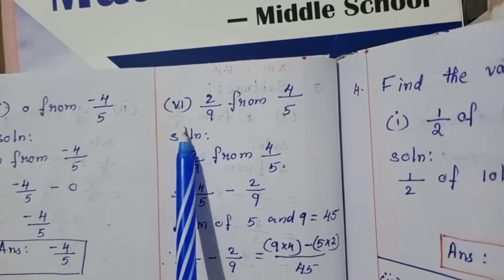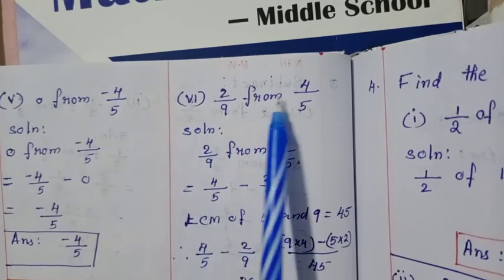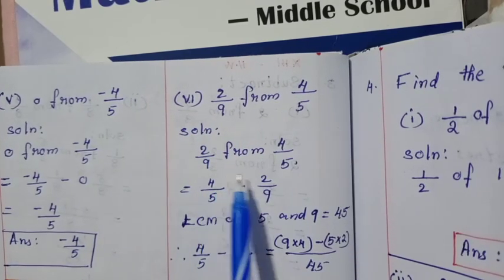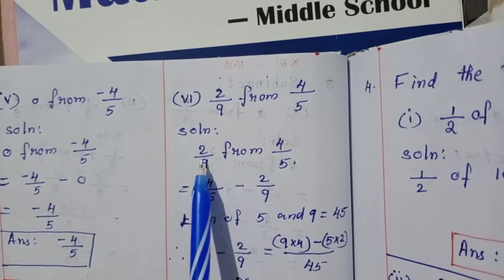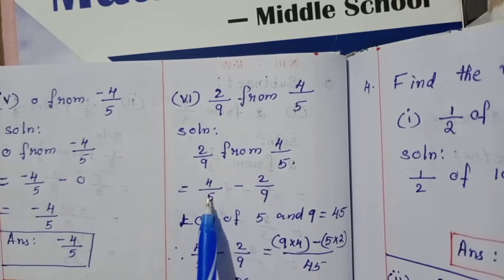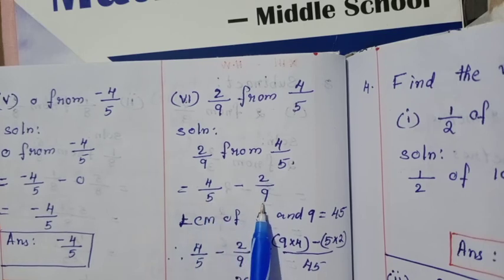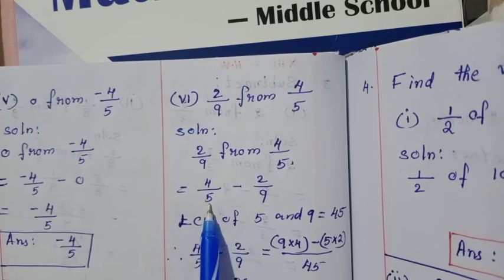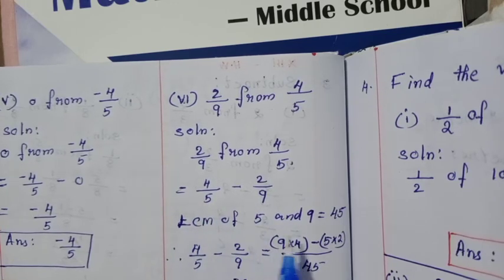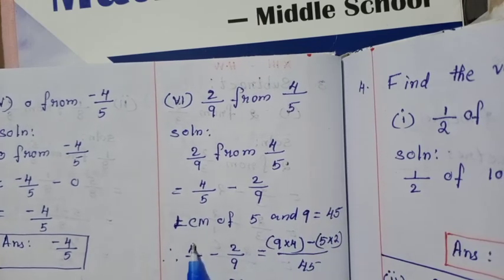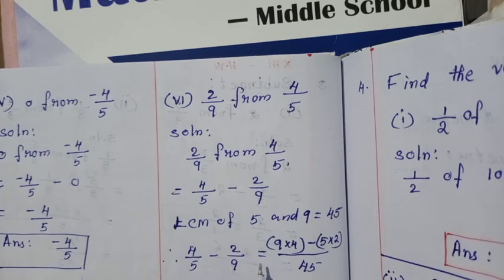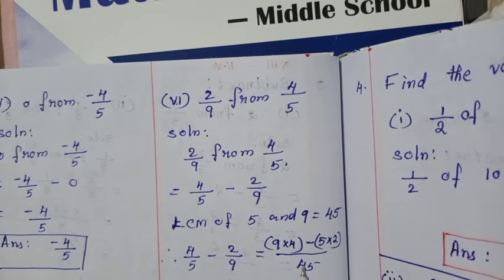Next, number 6. 2 by 9 from 4 by 5. So 4 by 5 first, minus 2 by 9. The denominators 5 and 9 are not equal, so find the LCM of 9 and 5. That's 45. Therefore 4 by 5 minus 2 by 9 has 45 as the LCM.